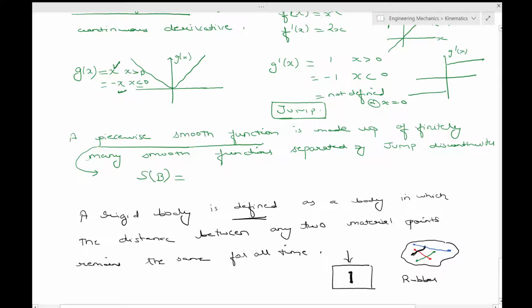Or if you try to pull this rubber along the longer direction, obviously, pulling it with both your hands, the original distance between these 2 points will now increase. Hence the distance will change between any two material points, and hence this is not rigid. So this is called a deformable body.